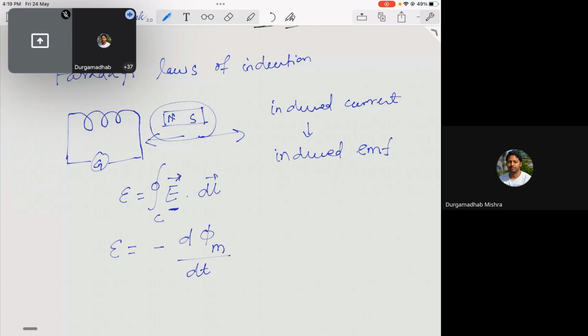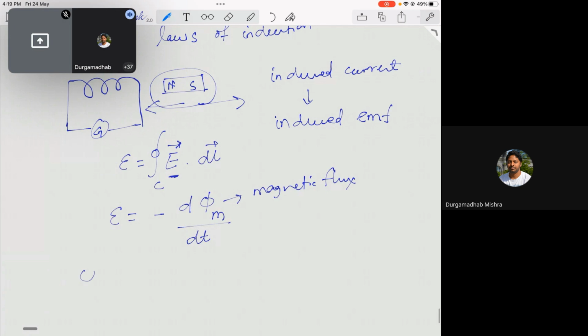The EMF is equal to minus d phi by dt, where phi is your magnetic flux, and there is a negative sign. And we know the magnetic flux is B dot ds.